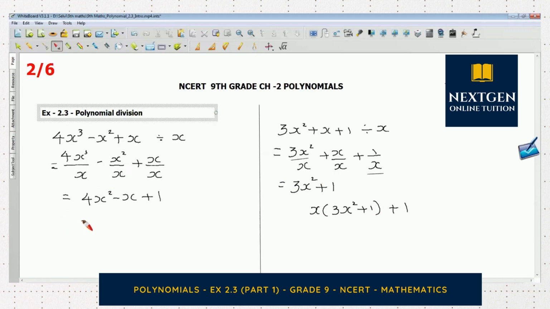And the division statement for the previous sum is x multiplied with 4x square minus x plus 1, because these terms are completely divided by my divisor. If I add plus 0 also, it is fine. If I don't write it also, it's fine. This is how we do polynomial division for with remainder and without remainder cases.